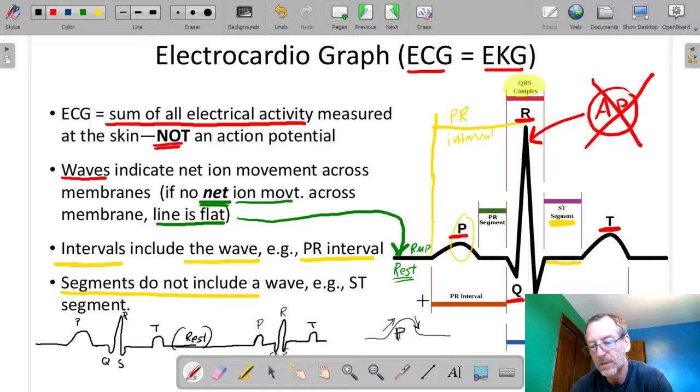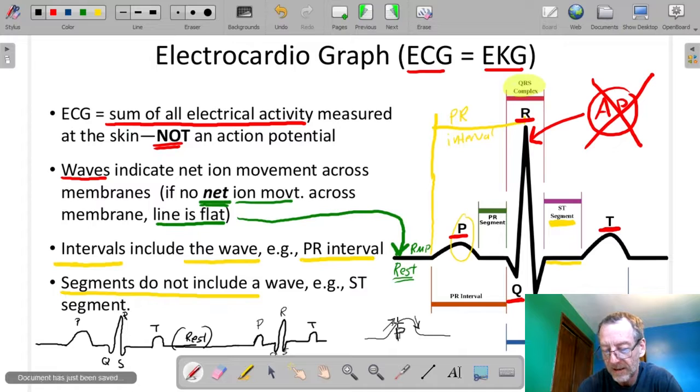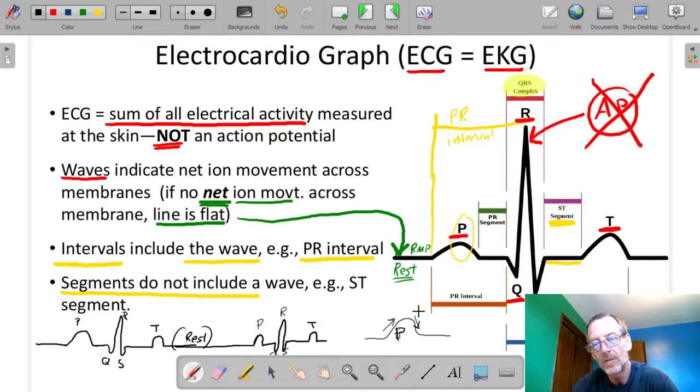So sodium is moving into the cell, and there's a net movement into the cell. And then at the top of the action potential, remember that the sodium channels close. And they close, and then there is no more movement of sodium. And we're back here at the bottom.